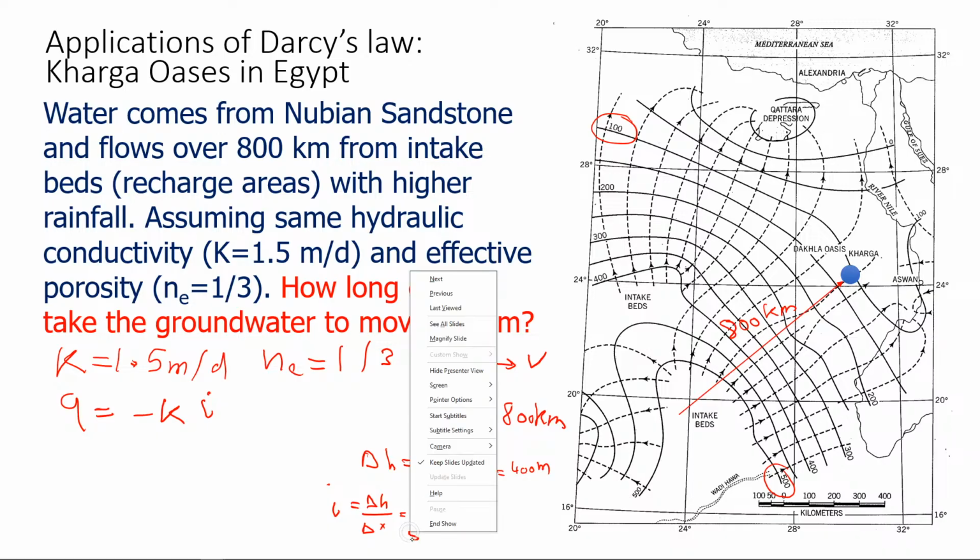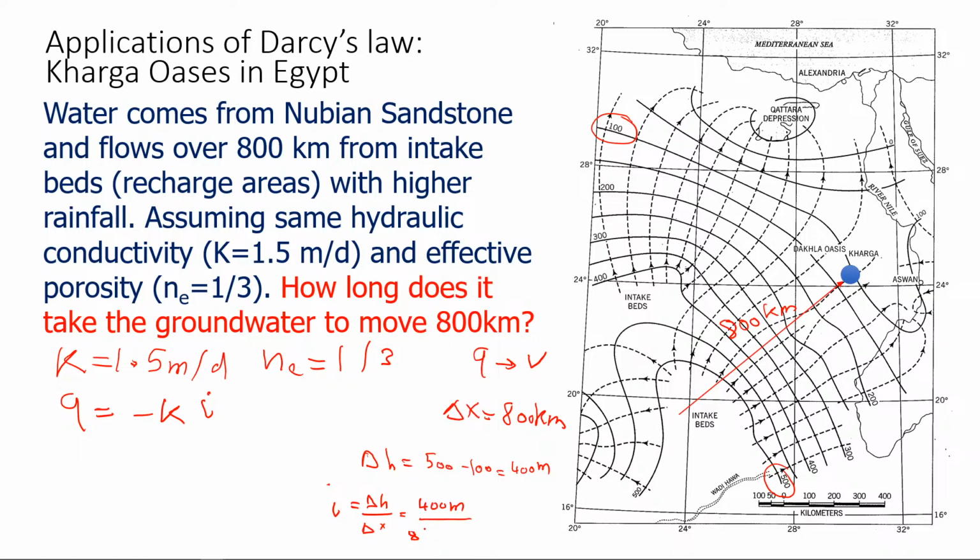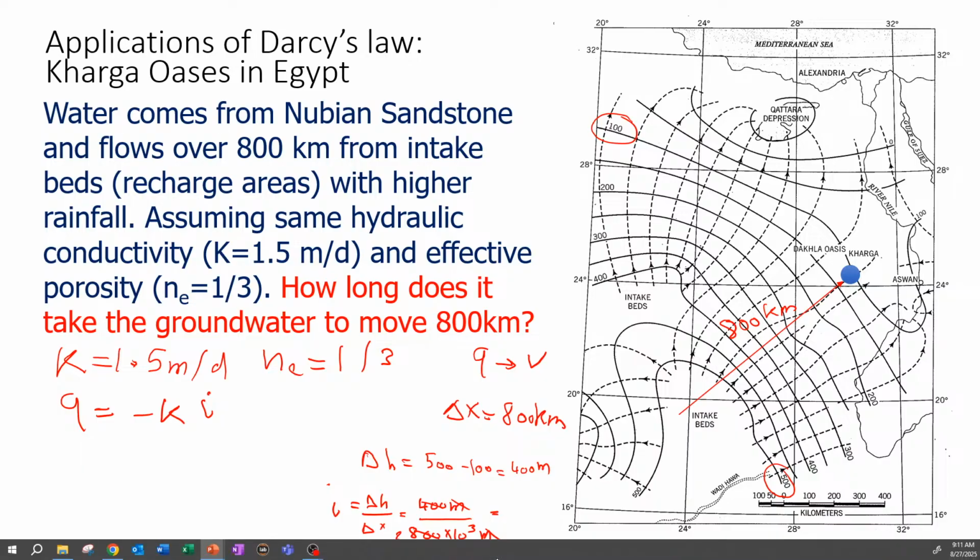Delta X is 800 kilometers, so 8 times 10 to the power 3 meters. The meters cancel with the meters.